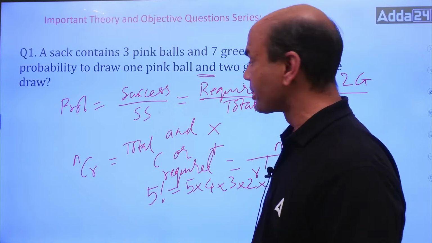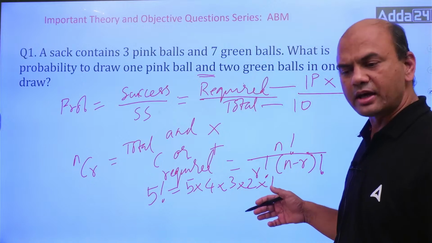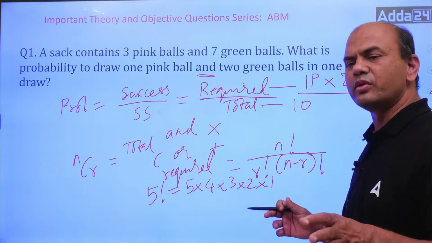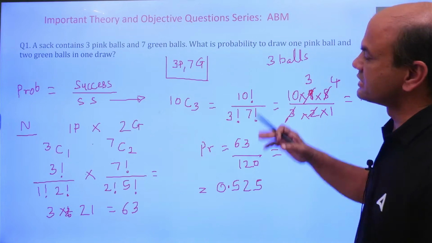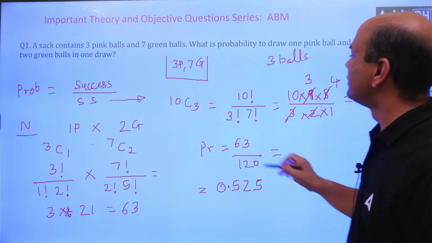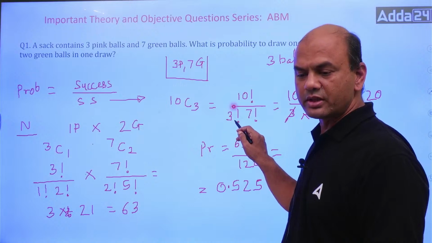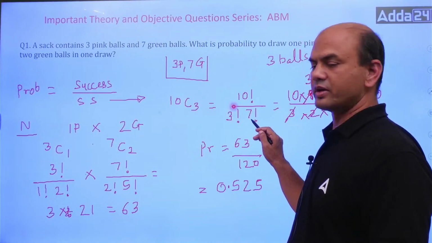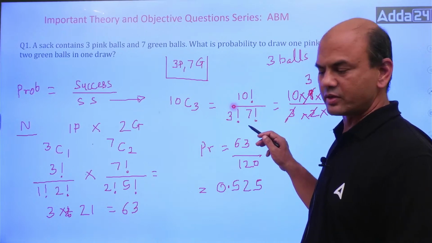So that is NCR. Similarly, R factorial means R, whatever R is required, into all this up to 1. Got it? So now let's solve this. 10C3. So 10 factorial upon R factorial, that is 3 factorial, into (N minus R) factorial, that is 10 minus 3 factorial, that is 7.